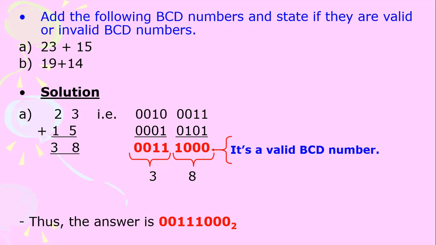So our answer becomes 0, 0, 1, 1, 1, 0, 0, 0 binary. Let's look at the other one.